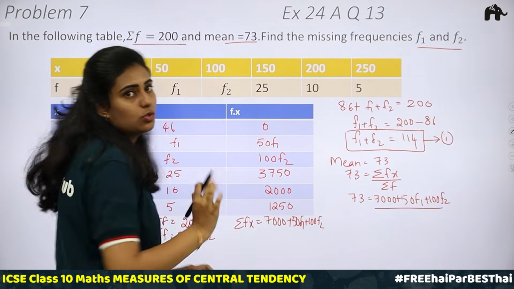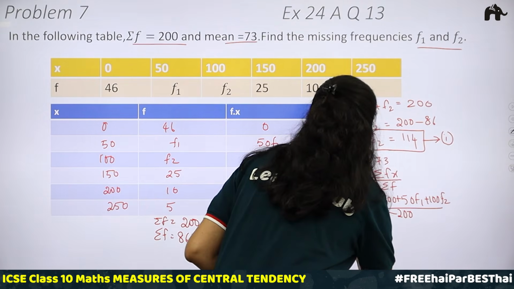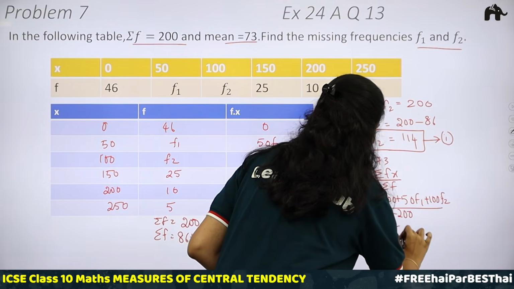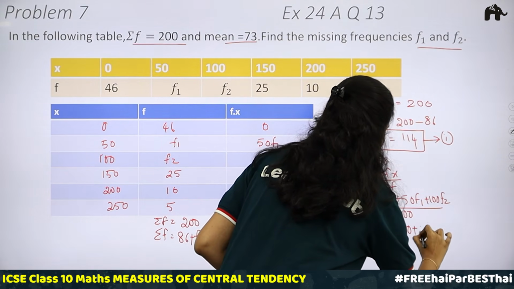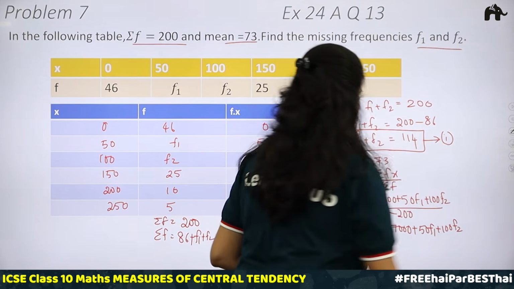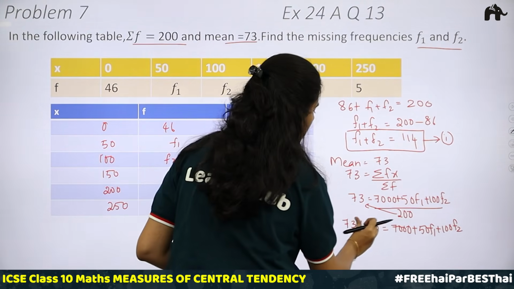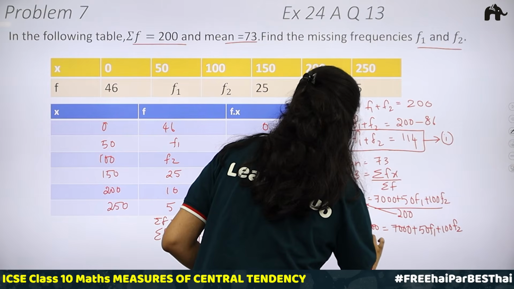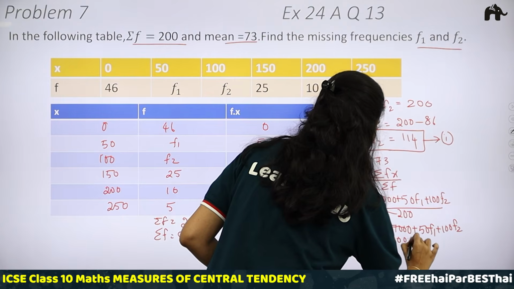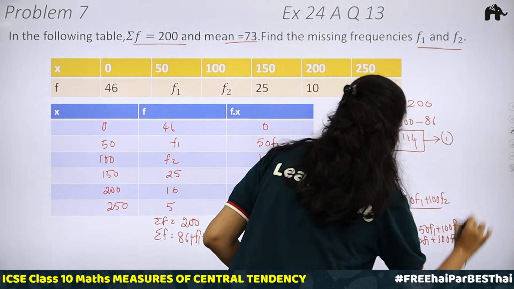Summation f we know that is 200. So, cross multiplying, 73 into 200 is equal to 7000 plus 50 f1 plus 100 f2. What is 73 into 200? We will be getting 14,600 is equal to 7000 plus 50 f1 plus 100 f2.